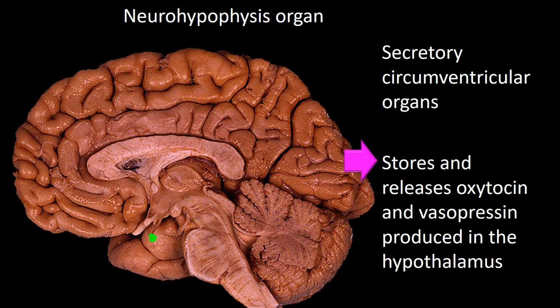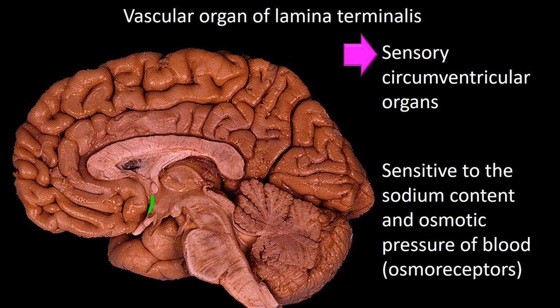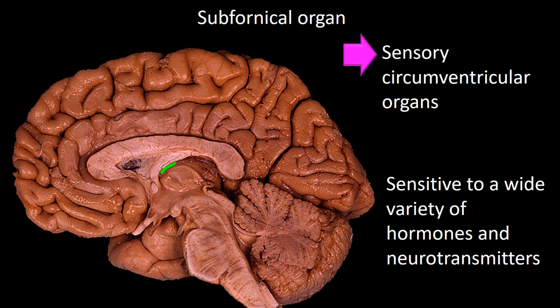It stores and releases oxytocin and vasopressin. 5. The vascular organ of the lamina terminalis has a sensory function. It is sensitive to the osmotic pressure of blood. 6. The subfornical organ has a sensory function. It is sensitive to a wide variety of hormones and neurotransmitters.